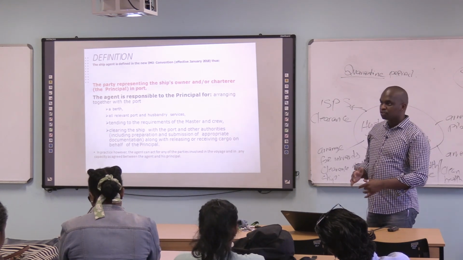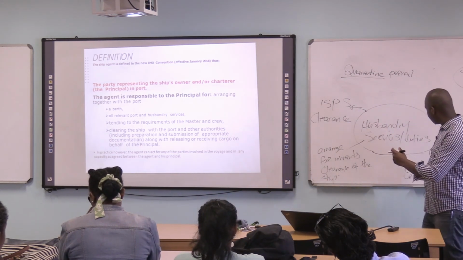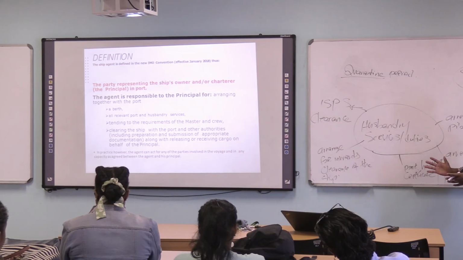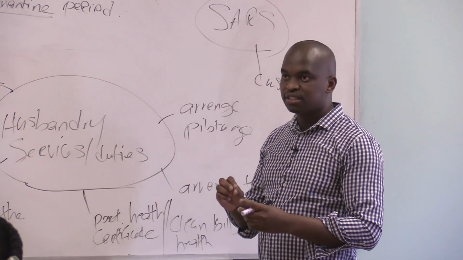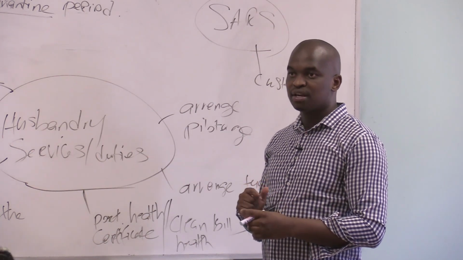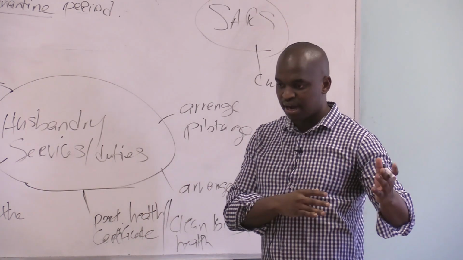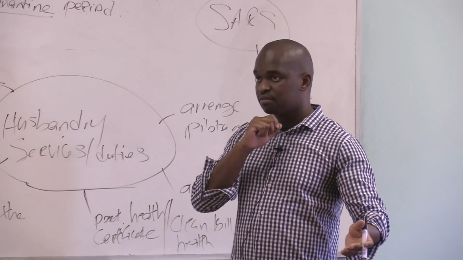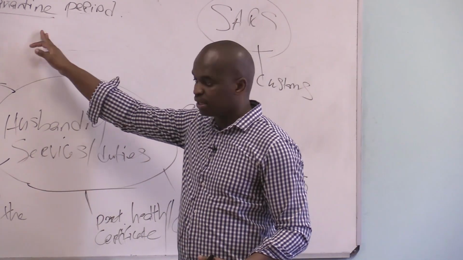Now coming back to the clean bill of health, if one of the crew members on board is found to have any disease, then the ship would be asked to sit outside for a certain period, which is called a quarantine period.